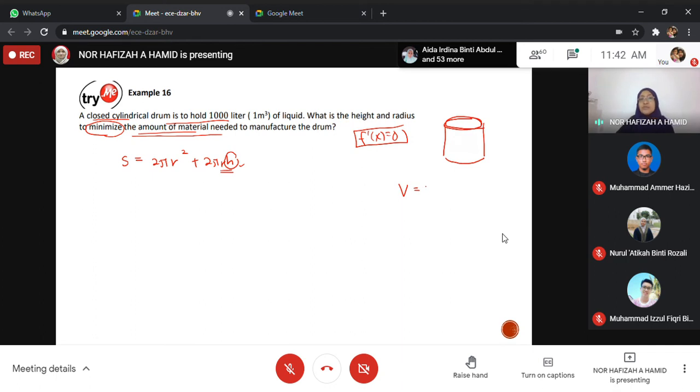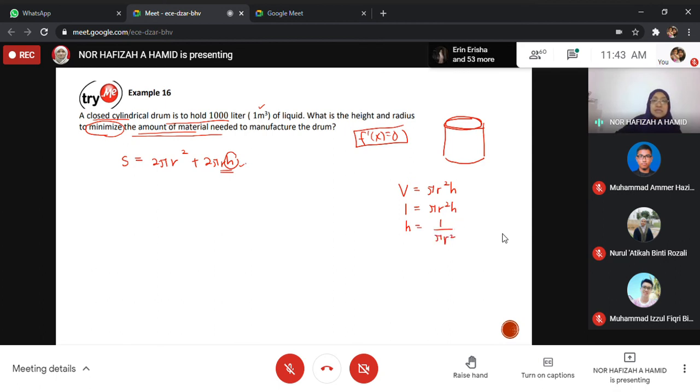So volume for cylinder, formula is V equal to pi R square H. Okay, so V saya ambil in terms of this one lah. The cube, you ada 1. Okay, so equal to pi R square H. Okay, so from this equation, saya boleh derive H. So H is 1 over pi R square.